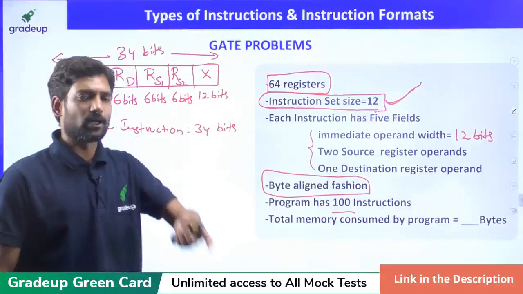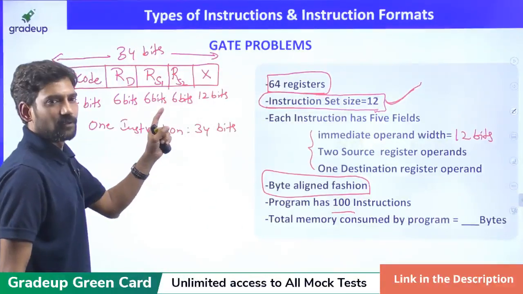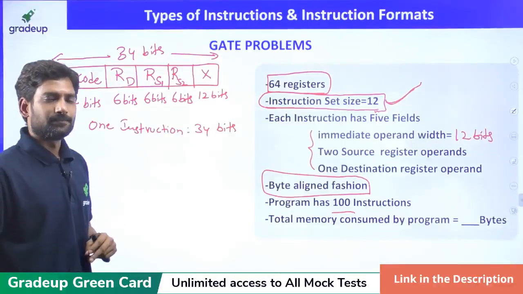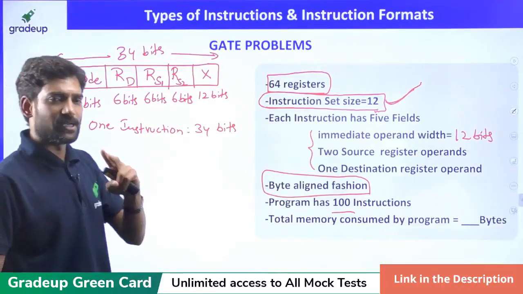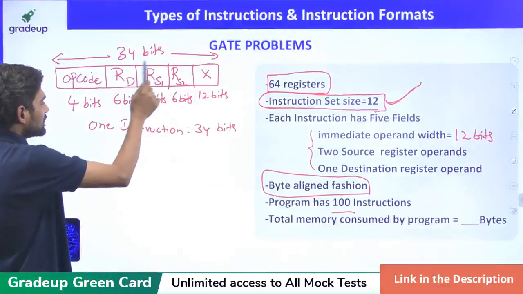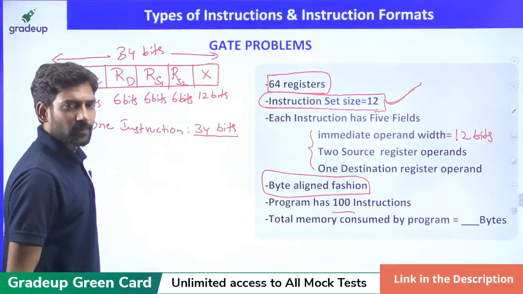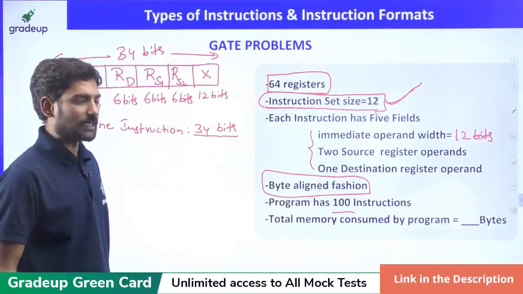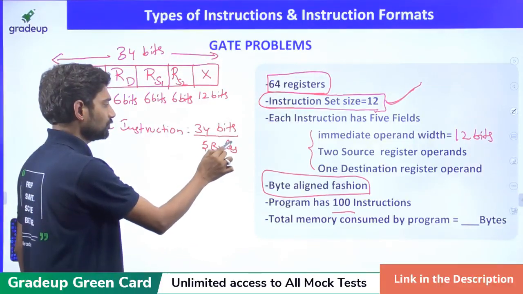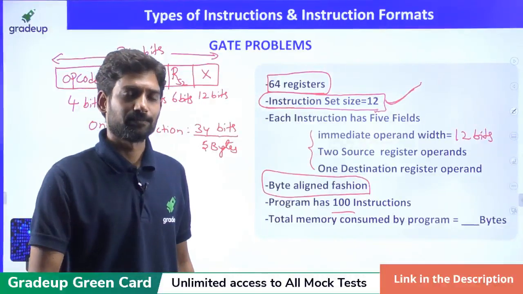Byte by byte allocation happens, and if one byte is not sufficient, a second byte is allocated, and if 2 bytes are not sufficient, a third byte is allocated. So for this one instruction of 34 bits, how many bytes should be allocated? 5 bytes, because 4 bytes, 32 bits, is not sufficient.